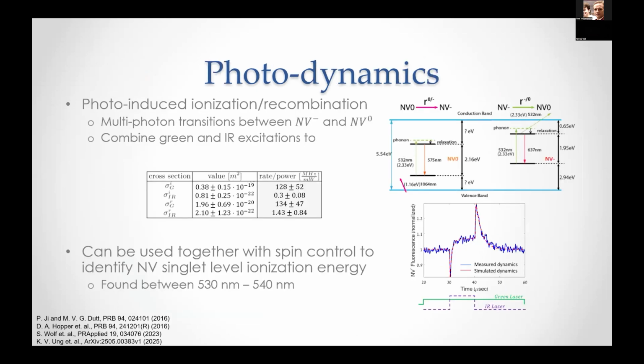I want to finish up by mentioning the NV0 that I told you about at the beginning and then forgot about completely. Unfortunately, we cannot forget about it, because the optical excitation processes that we like to use for many of our experiments can also cause ionization and recombination, causing transitions between the minus state and the 0 state and vice versa.